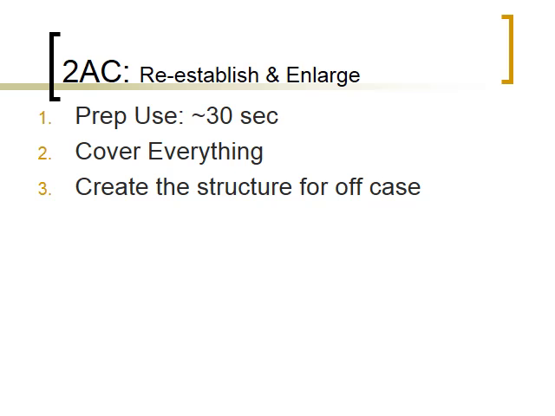You also want to be the one to create the structure for the off-case arguments. Some debaters, some 2ACs, will actually refer to the structure of the disadvantage or the counterplan and say, off the link, I have a response here, or off the brink, I have 2 responses, and so forth.